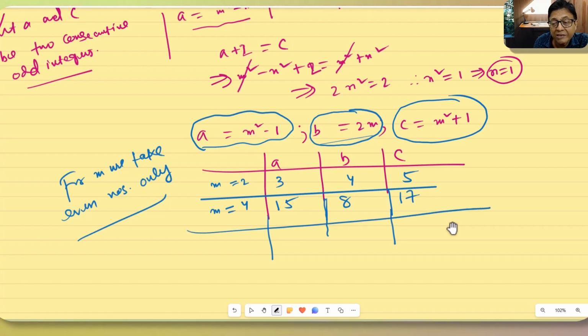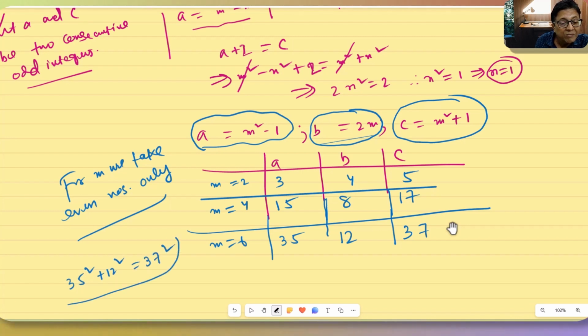Now let us take just one more, m equal to 6. This is going to be 35, this is 12, and this is 37. You can check 35 square plus 12 square is 37 square.